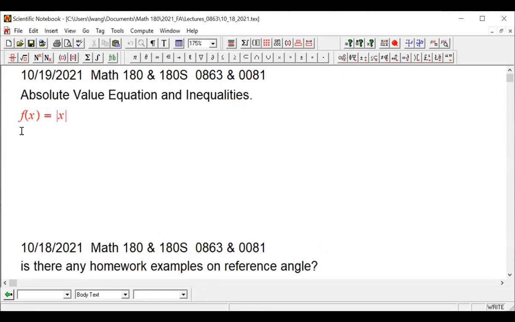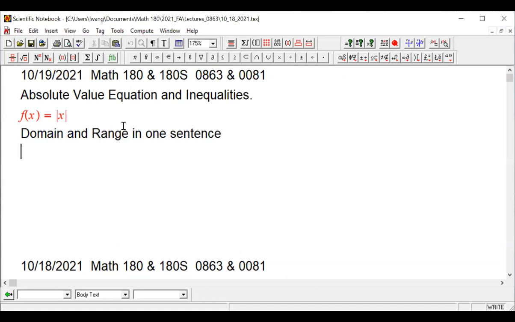So for that reason, I want you to quickly review this function. We did this function. Can you tell me the domain and range in one sentence, and the alternative form?